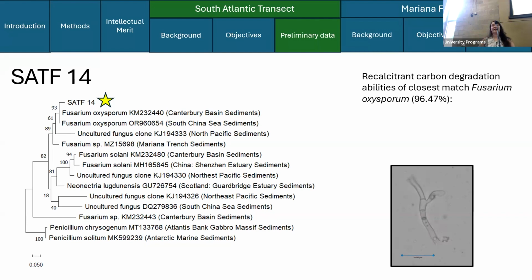And the organisms that I chose are isolate number 14, whose closest match is Fusarium oxysporum at 96%. And its closest match has been found in literature to have the ability to degrade lignins, aromatic compounds, and cellulose.